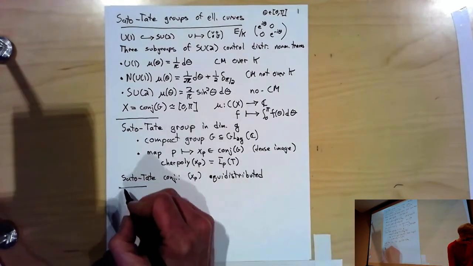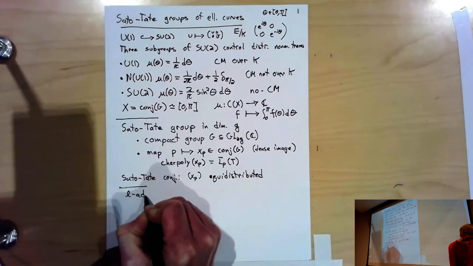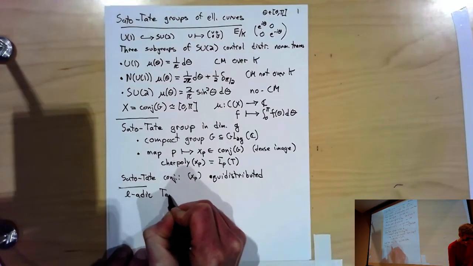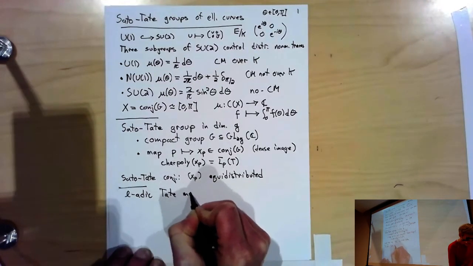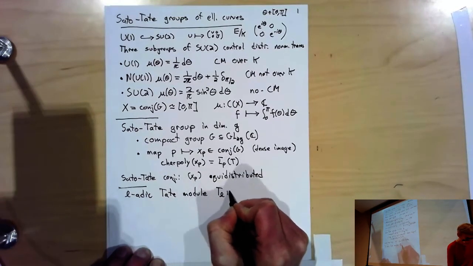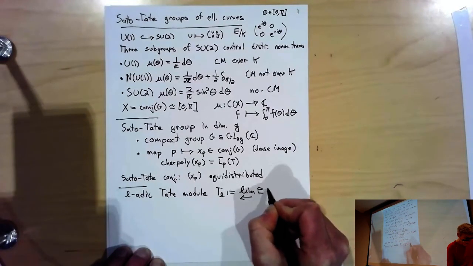All right, now let's get down to brass tacks. So recall, I think Alina defined this for us, the L-adic Tate module. This is just the inverse limit, of course, of the L to the n torsion subgroups.